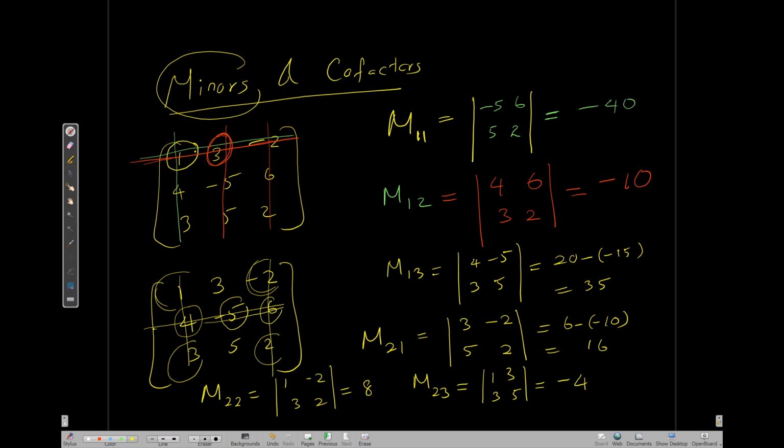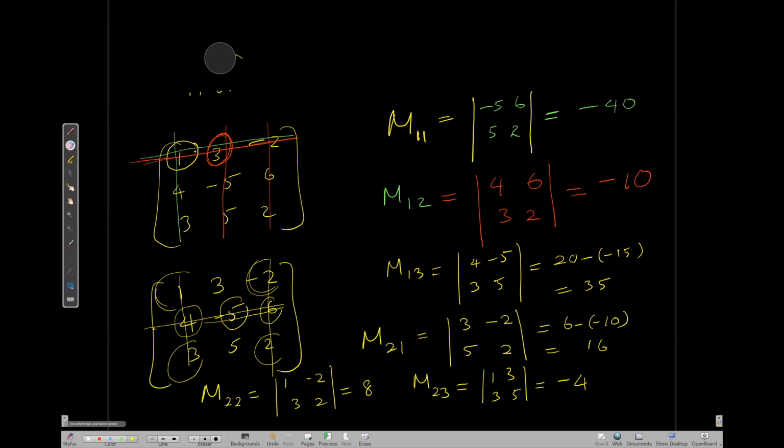We have found 6, with 3 more to go. M31, third row, first column. You delete the third row and first column, so the remaining one is 3, negative 2, 5, negative 5, 6.